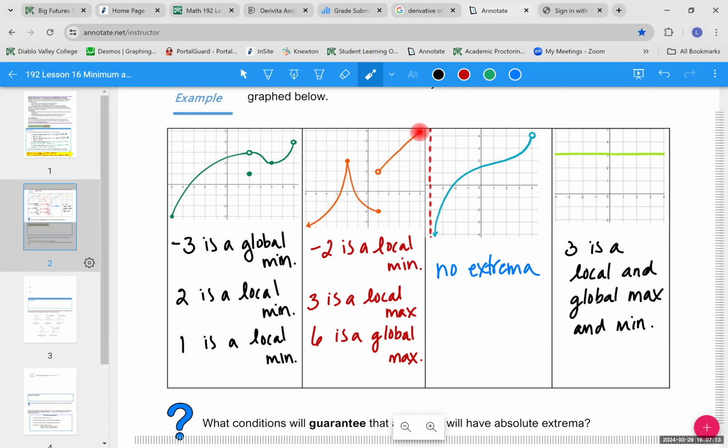On an endpoint, the way our definition is structured, we could not call it a local max because it does not have an interval that contains this c value. I mean, this is happening at x equals 5, and I don't have any y values on the other side of that, so I couldn't say there was an open interval where it's the highest.